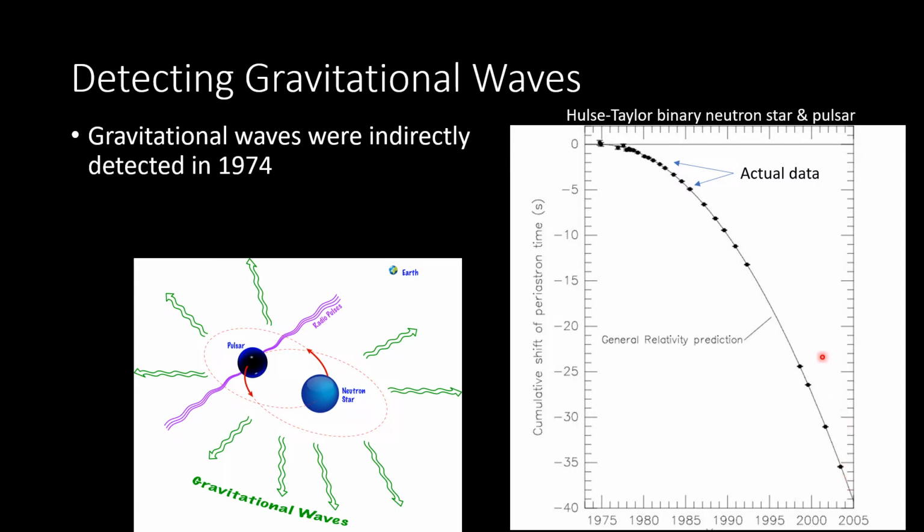All of the black data points are showing a measurement of the system here. And what you see is that the black data points trend downward as time goes by. This downward trend means that the orbital period of the pulsar neutron star system is shrinking, and it's taking less time for the objects to orbit around one another.